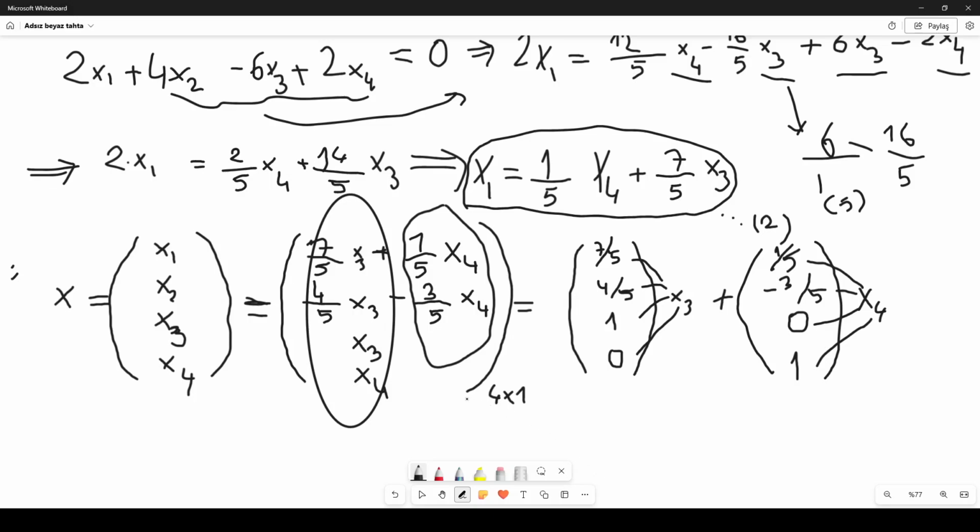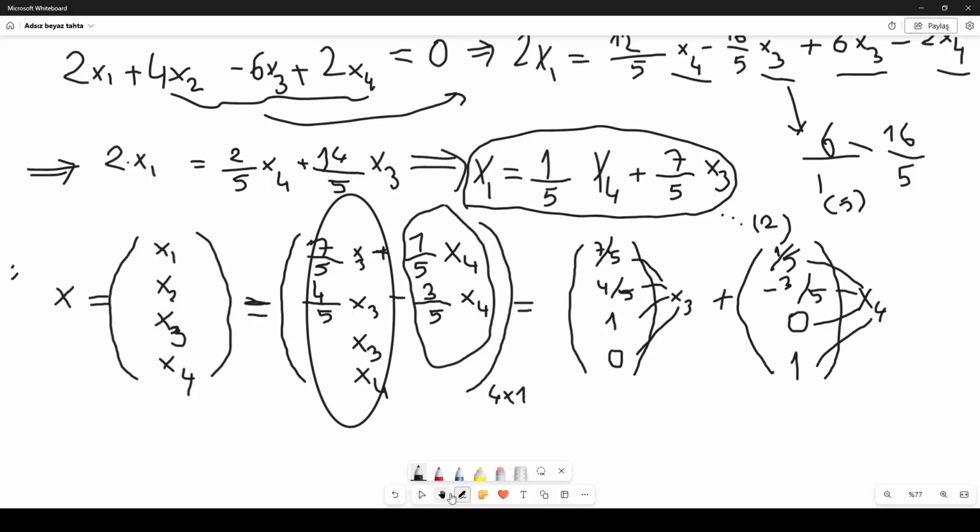So there is no change in the solution set. I just write the solution set as an algebraic sum of free variables. So I again have 7 over 5 x3 and 1 over 5 x4 in the first row, and 4 over 5 x3 minus 3 over 5 x4 in the second row. And as you notice, only x3 in the third row and only x4 in the fourth row.